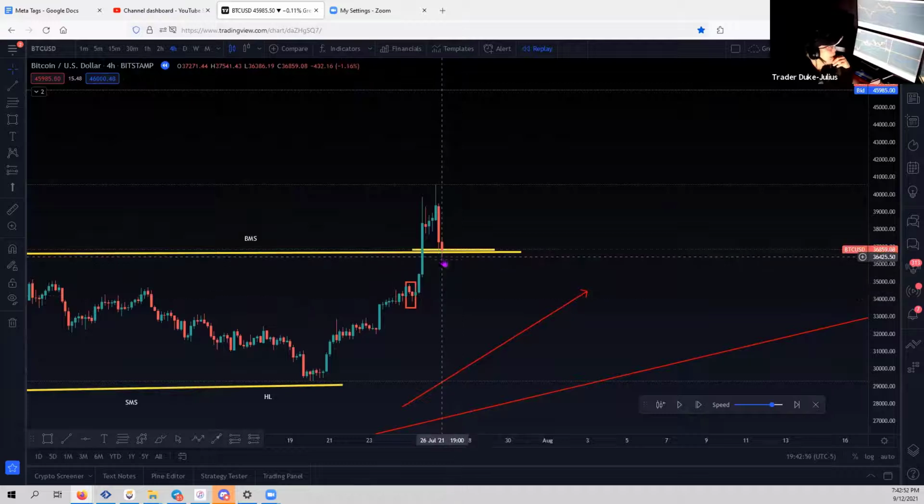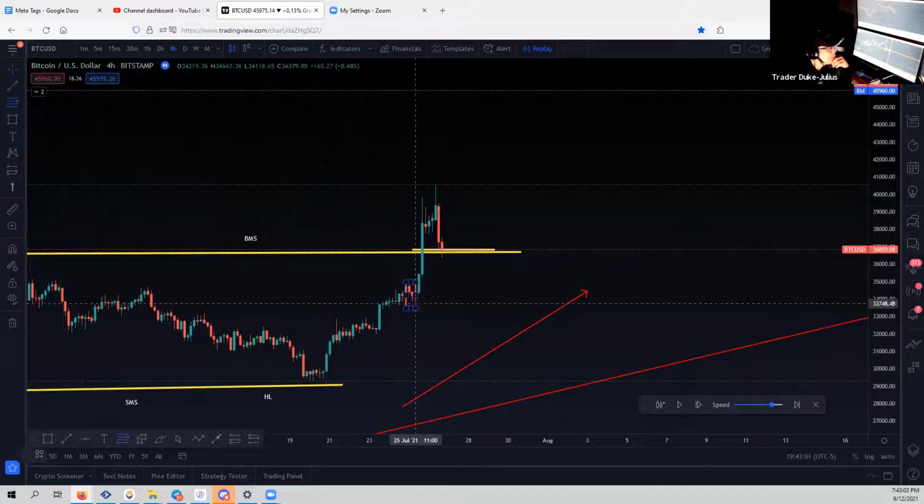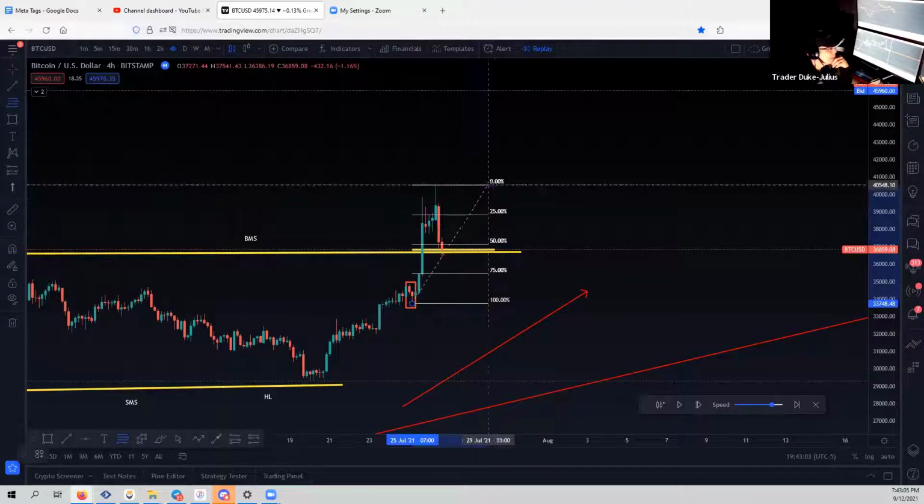Boom, it hit the 50 line. Now that it hit the 50 line and we're on a 4-hour chart, what I would normally do, and I'm not going to get too deep into finding an entry, but I just wanted to show you how the fib tool is used and why.